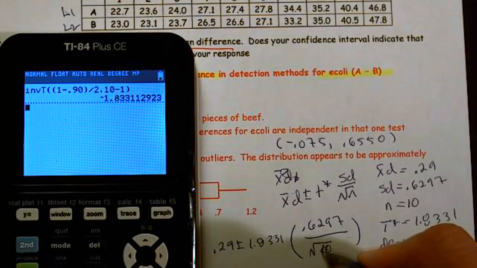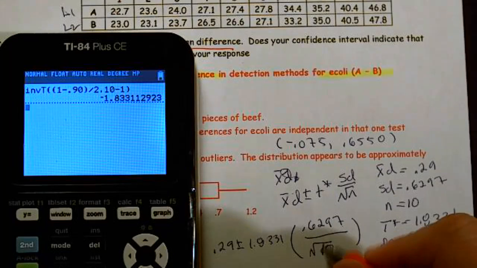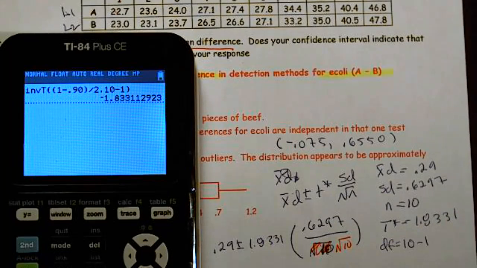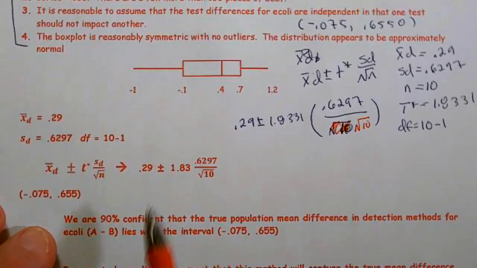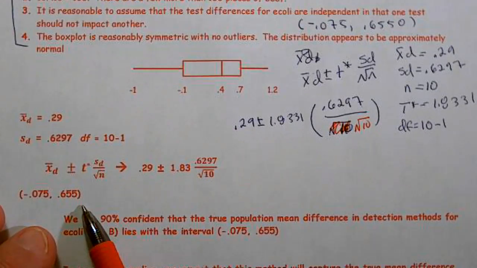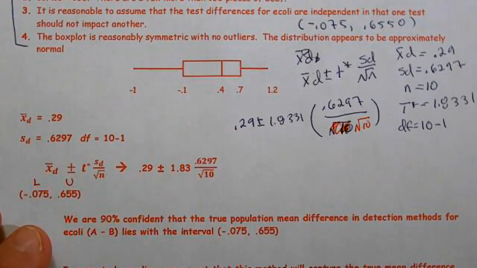Please be careful: don't use your degrees of freedom, use your n. So square root of 10. All right, then we write our interval down. This is my lower bound, here's my upper bound. We need to record both of those.